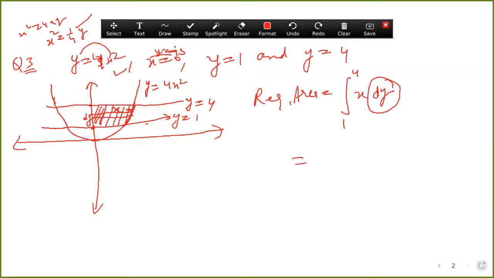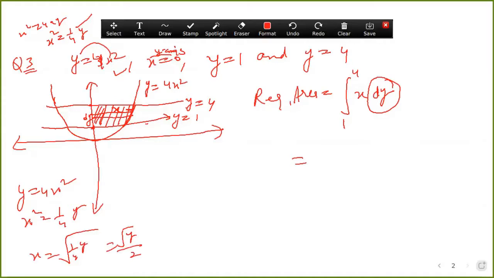The value of x is root y, because y is equal to 4x square, and x square is equal to 1 upon 4y, and x is equal to 1 upon 4y under the root, or you can say root y upon 2. So this is integration from 1 to 4, root y upon 2 dy.